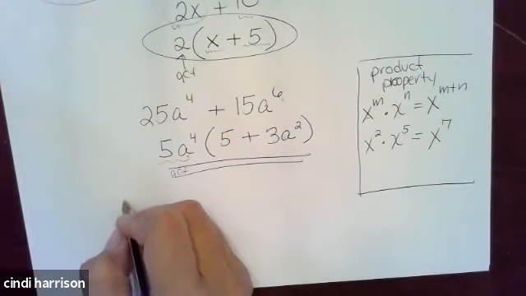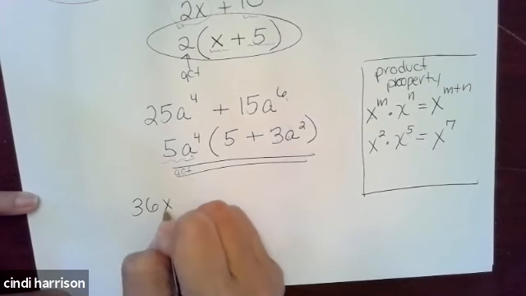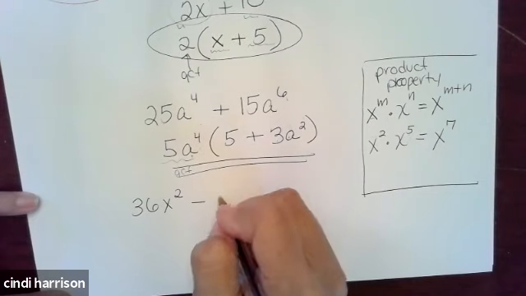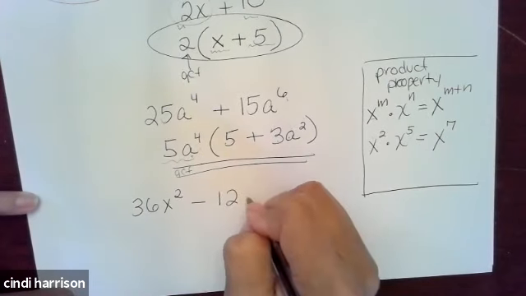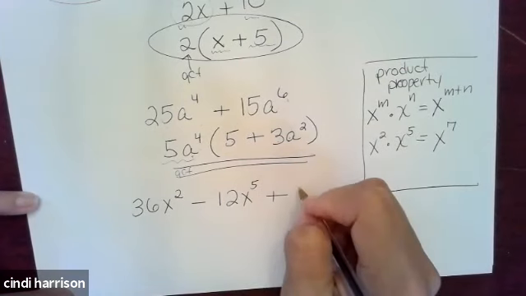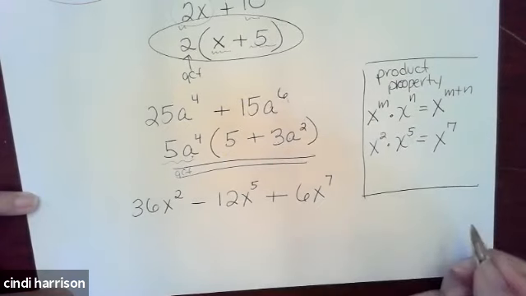Okay, so let's try another one. Let's say 36x squared minus 12x to the 5th plus 6x to the 7th.